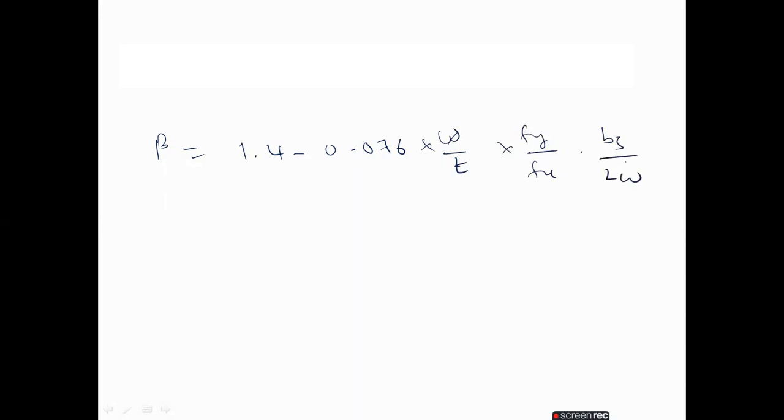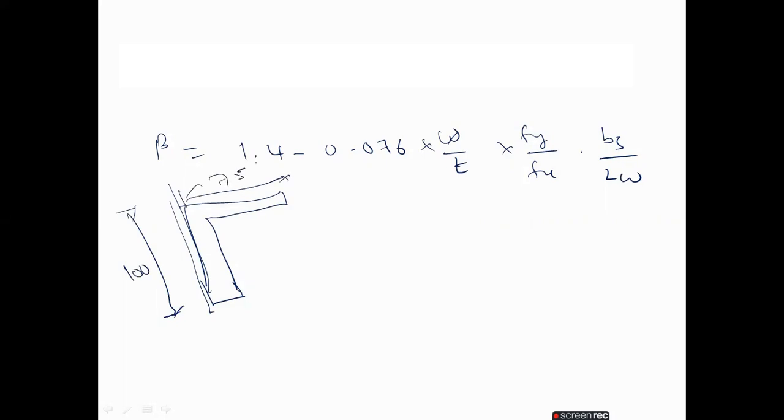My dear students, if you observe here, we have a connected leg of the angle section like this. This is the connected leg, the total length is 100 mm, and here is 75 mm. We know the w value is this one, and this one is w1. The w value I will substitute here, this is 75. t, fy and fu we know.